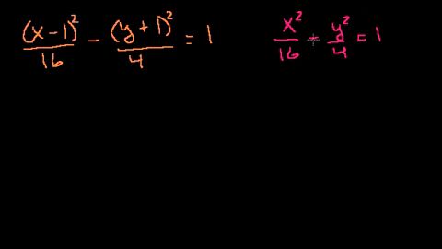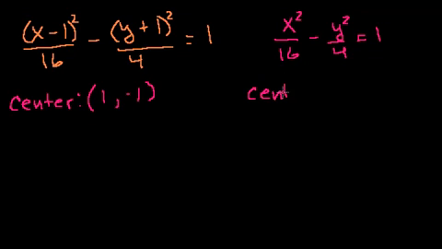The difference between this hyperbola and this hyperbola is that the center of this one is at the point x is equal to 1, y is equal to minus 1. The way to think about it is x equals 1 makes this whole term 0, and y equal to minus 1 makes this whole term 0. And here, of course, the center is the origin.